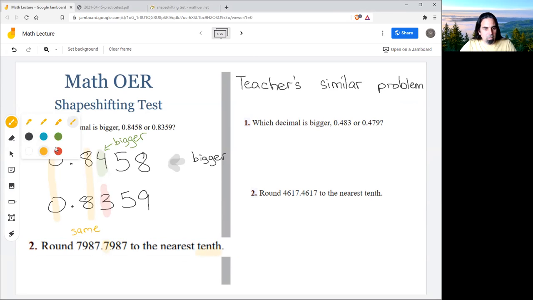So we look at the thing that's next to it. Is that 5 or more? It is. So that means we have to take the 7 and change it to something bigger. So we'll get 7.987, and then that 7 turns into an 8.